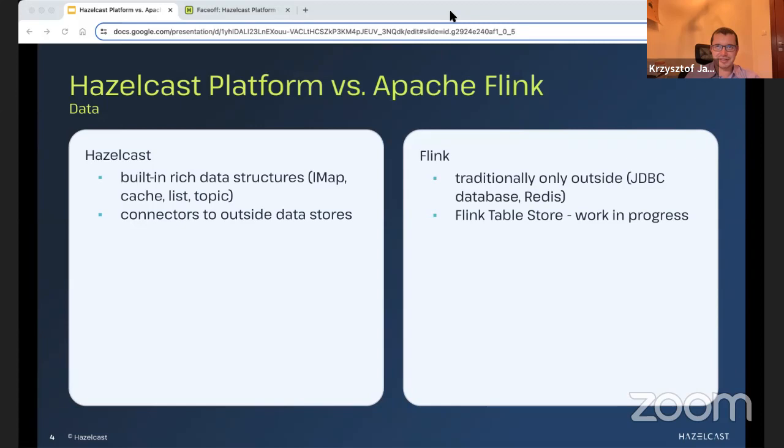It's also an additional request to get the data needed to enrich your stream. Recently, Flink is working on Flink Table Store, which will embed some storage directly in the Flink cluster, but this is still work in progress.